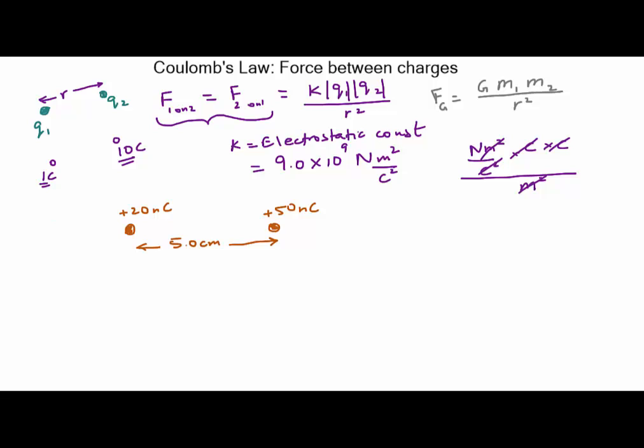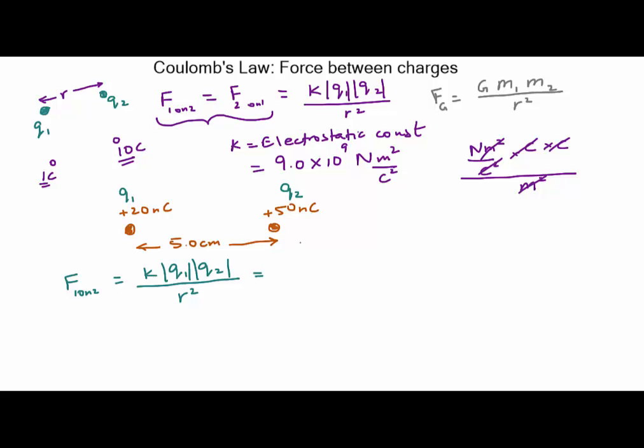So in this situation, we want to know the force of one charge on the other and the other charge on the first. So let's call this Q1 and Q2 over here. F of 1 on 2 would be K times Q1 absolute value times Q2 absolute value divided by the square of the distance between them.